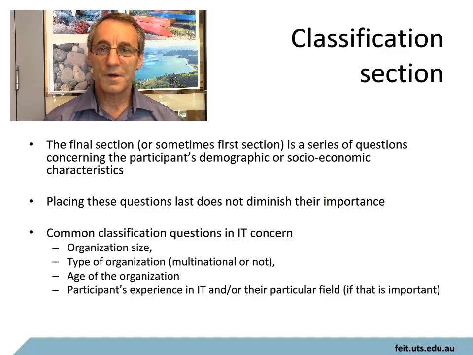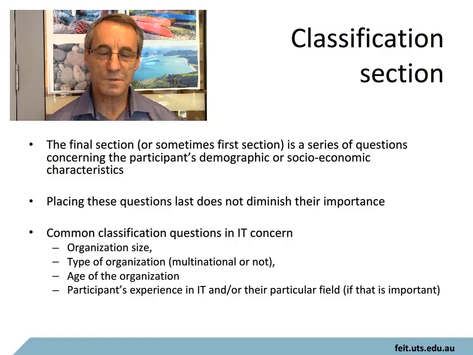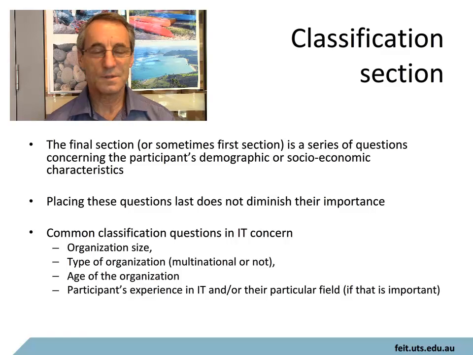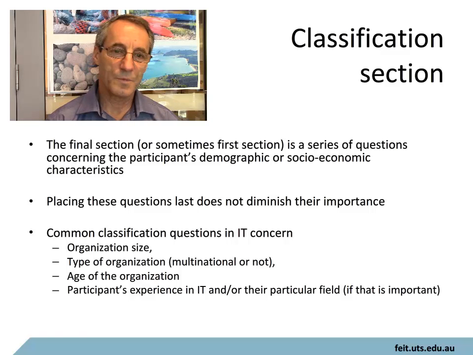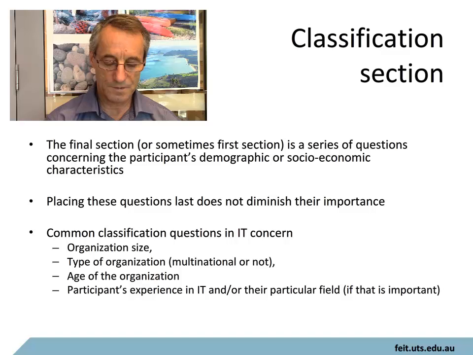It's rare that we don't ask demographic questions, but please don't ask questions you don't need to. For example, if I'm asking about software development methods, I'm probably not too concerned about the age of the person, and I probably wouldn't record what gender they are either. It doesn't matter. But I might record information about the organisation size, because that can materially alter things. So ask what demographics you need, but no more.